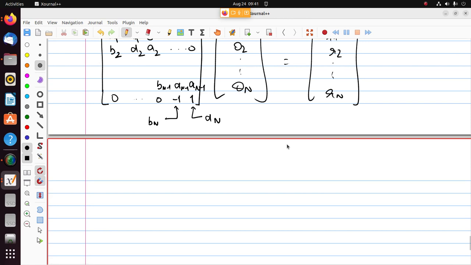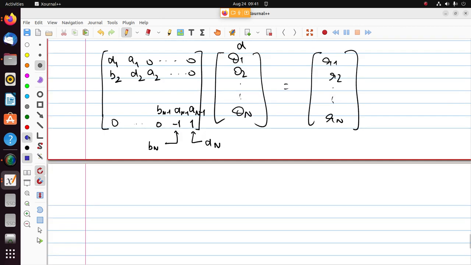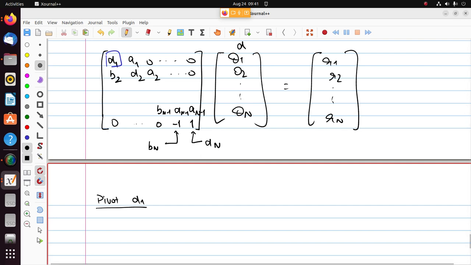So, the first equation, sorry, so let's write the algorithm. We need the linear system for it. So, the first pivot we have is D1. For that pivot, what you do is you make all the terms in equations below that pivot 0.